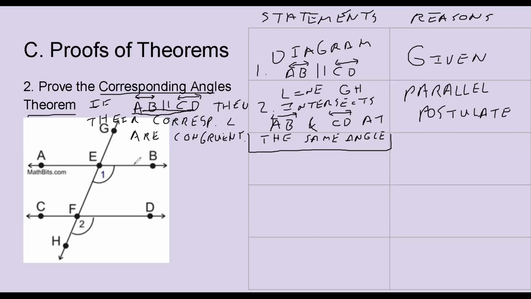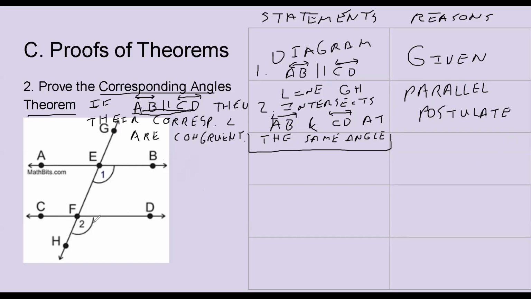So if I put a point on AB like E and a point on CD like F, and I draw a line through them, there's only one line that can go through those two points, which means that we get a definite angle. It's not like there's another line GH that I could draw that could pass through both F and E. Right, that's the parallel postulate. So if we assume that that's true, which we will since we're doing Euclidean geometry, then we can say that these intersect at the same angle.